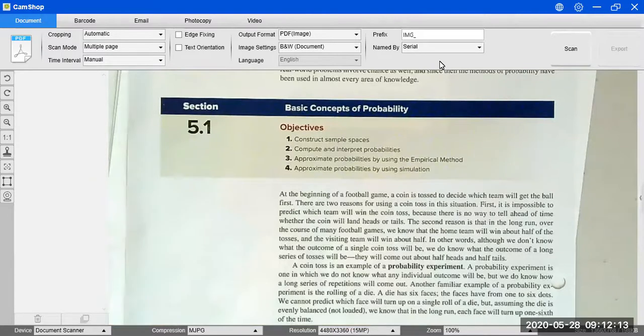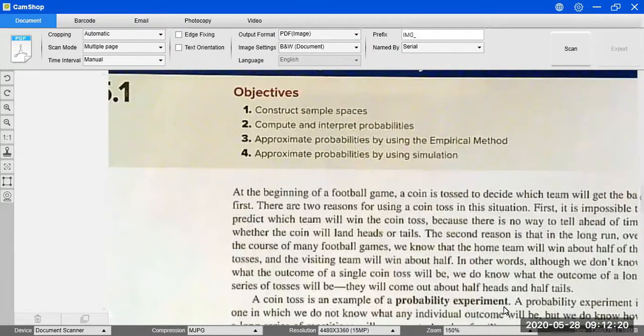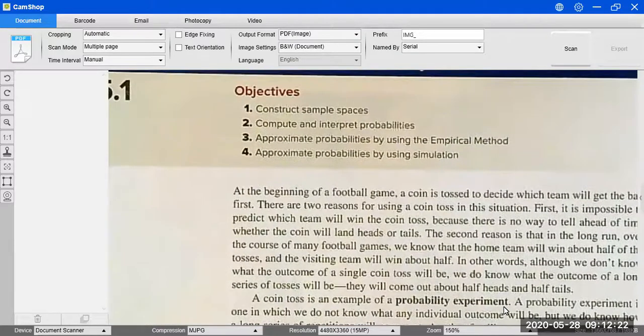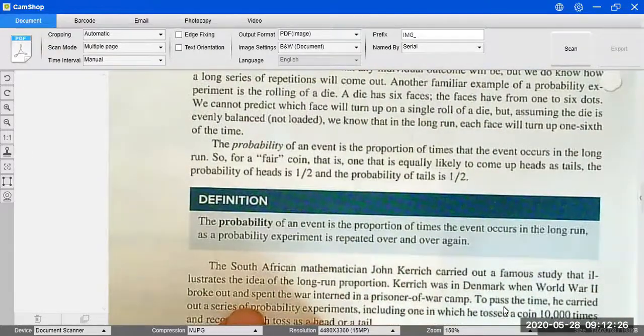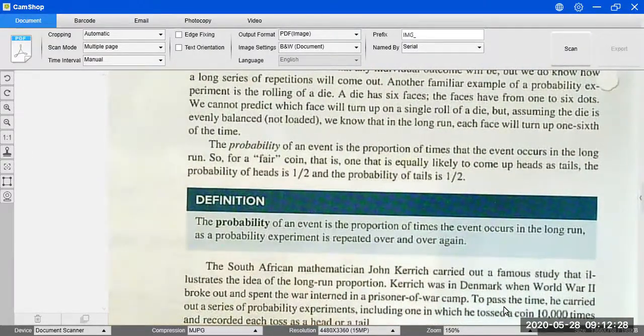To do that, we're going to read some definitions, and then we're going to try to solve some examples to understand those definitions better. So the first definition is going to be the definition of probability. Your book says that the probability of an event is the proportion of times the event occurs in the long run as a probability experiment is repeated over and over again.